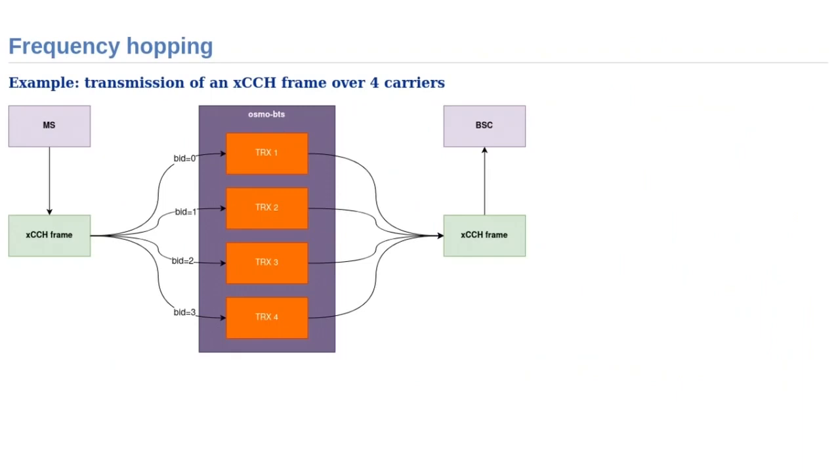The scheduler then reorders all the bursts and decodes them back into the CCCH, SDCCH or whatever frame, and then the BTS forwards it to the BSC.